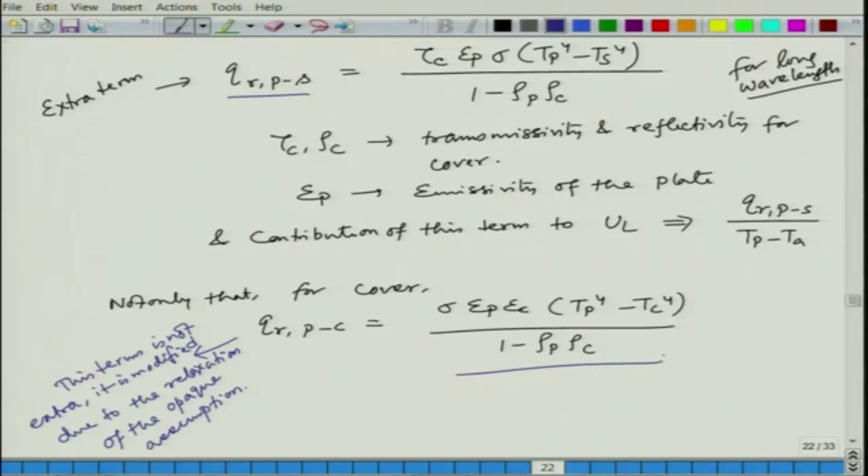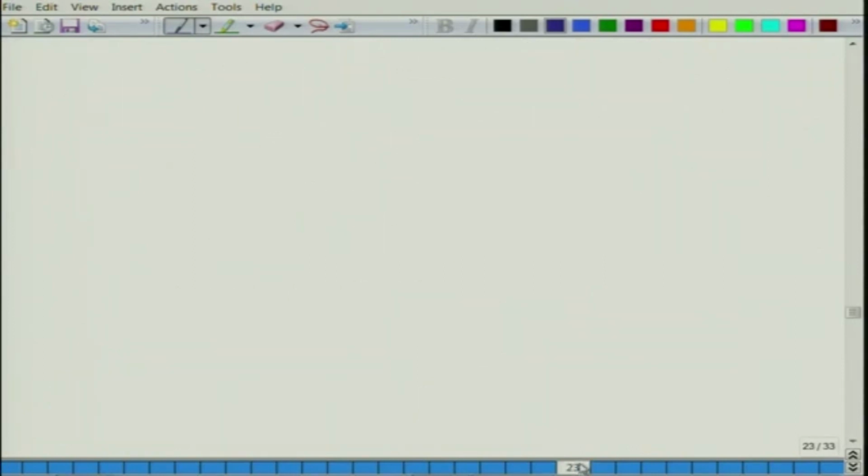But again, let me write that whenever you have this E p and rho p, these are values for the plate, and this epsilon c, rho c, they are values for the cover. Okay. Epsilon is the emissivity and rho is the reflectivity. Okay.